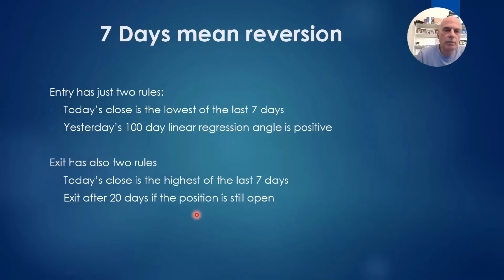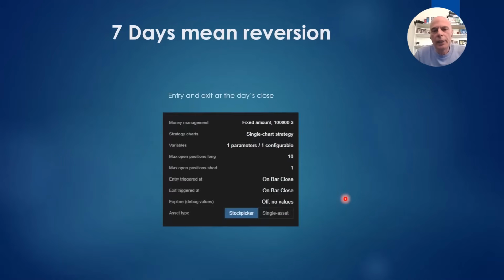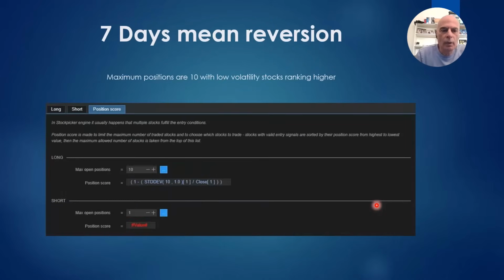And here I'm commenting on the previous slide. Again, we buy on the bar close, and we also exit on the bar close. The maximum number of positions we take is 10.